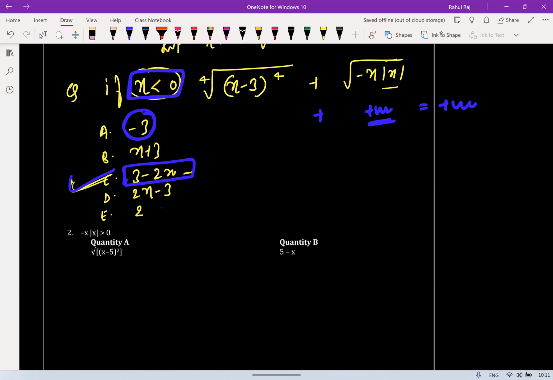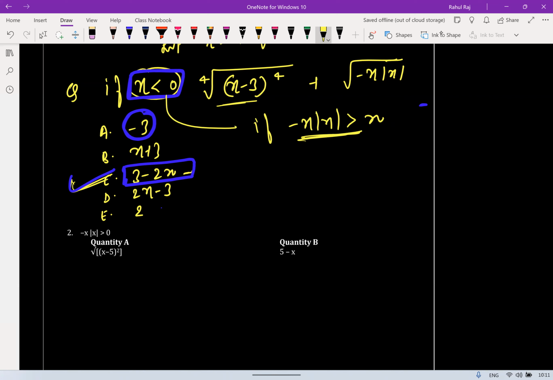Imagine now, in place of x less than 0, they can also write in a question: if minus x mod x greater than x, then what is the value of this? Then you don't have to go mad at all because this means x is negative. So they can play around with the question. You can feel that the question is looking very tough, but the question still remains the same.